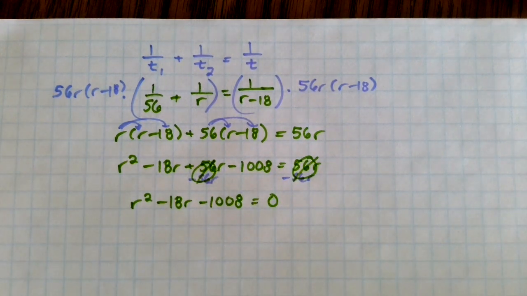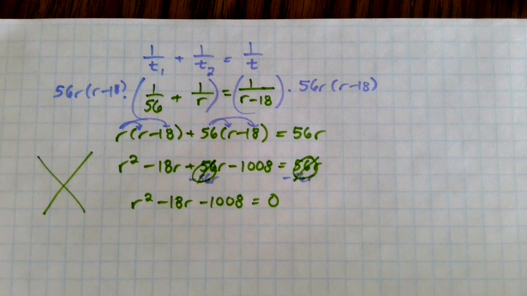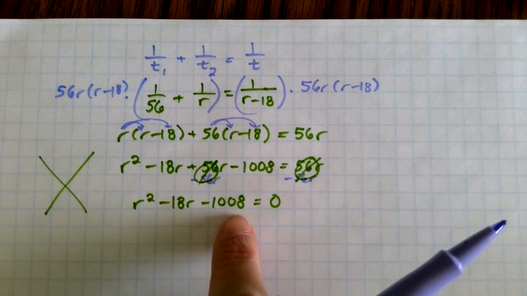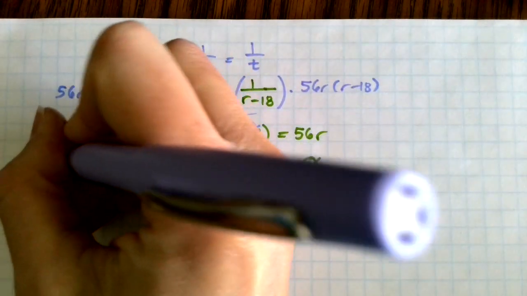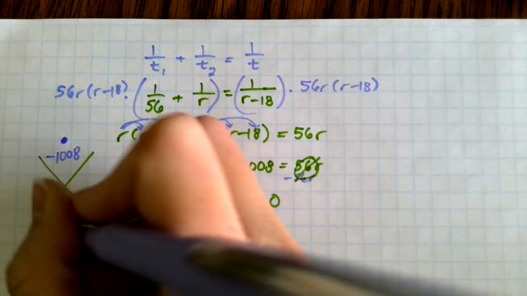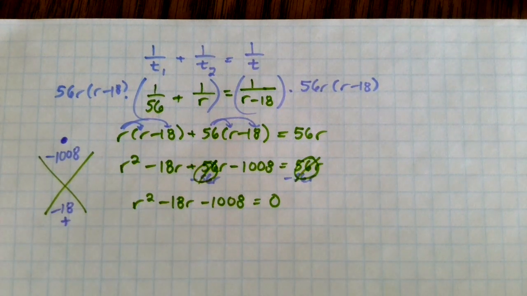And then this is where we need to factor. So with factoring this, again, we can use our method that we've talked about before that helps us organize our thinking. This is a nice one. We don't have to do the AC method because we just have our C value. And if you did do the AC method, it's just 1 times C. So it's just going to be this negative 1008 on the top, which again, we're trying to multiply to get to. Then also add to get to this middle term, negative 18.